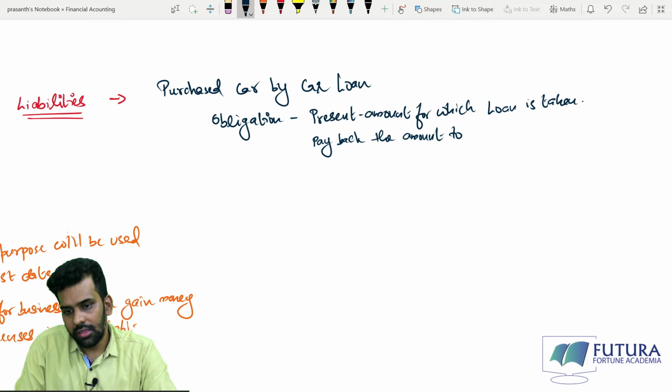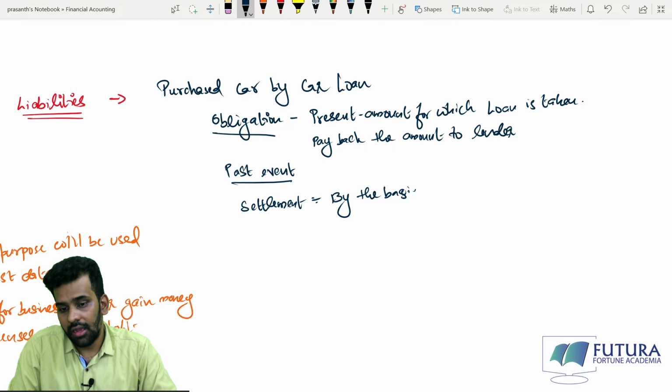And again, it's because of a past event. You purchased the car, you bought the car and you took a loan, and that's why you have this obligation. So it's because of a past event. And also settlement will be by outflow of economic benefits.